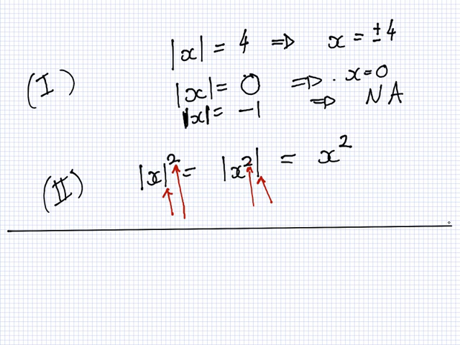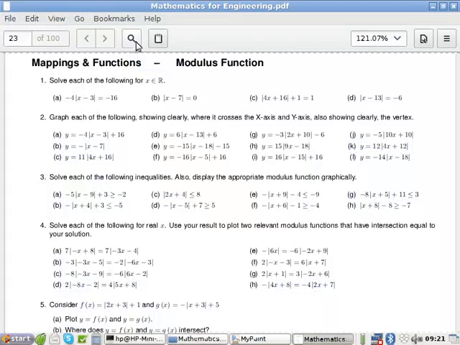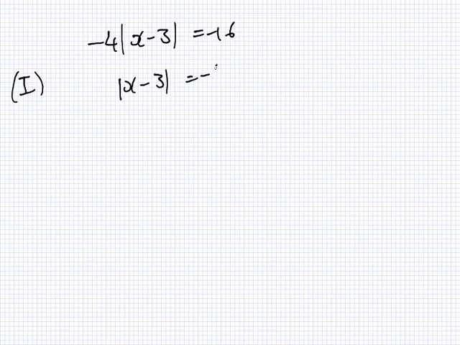Got that? Now, let's have a look at our first equation. Minus 4 modulus x minus 3 equals minus 16. There are two ways to solve this, and I'm going to show you both. The first way: first we divide by minus 4. Then we get modulus x minus 3 equals 4.